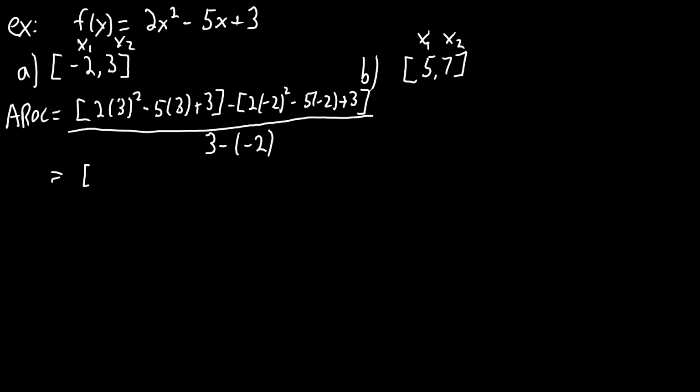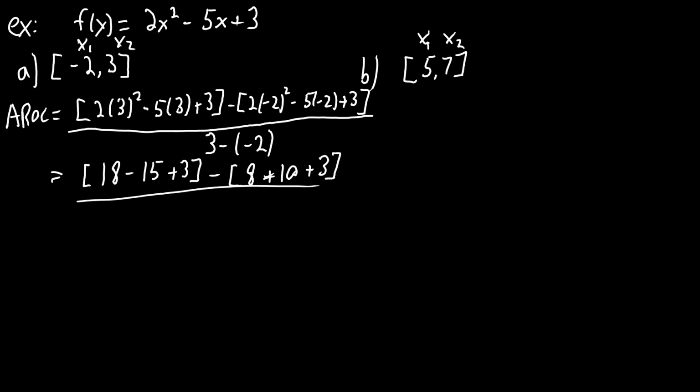Okay, so evaluating that, we're going to have 2 times 3 squared, so that's going to be 18. Minus 5 times 3, it's 15, plus 3. 2 times negative 2 squared is going to be 8. Minus 5 times negative 2, that's just going to be 10. I'm just going to change the sign. Plus 3. And then we're going to have 3 minus negative 2, which is just 5.